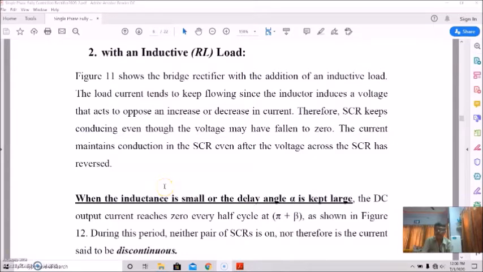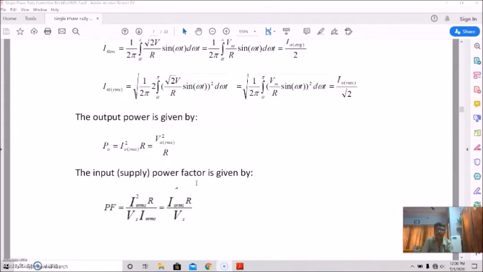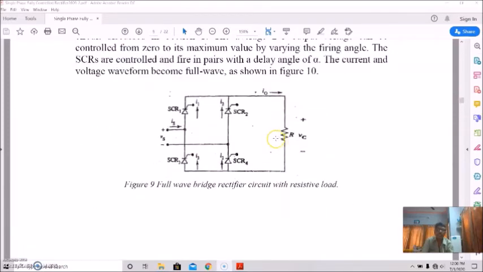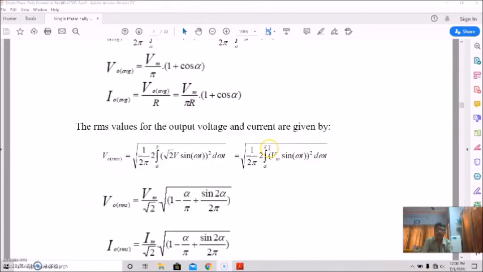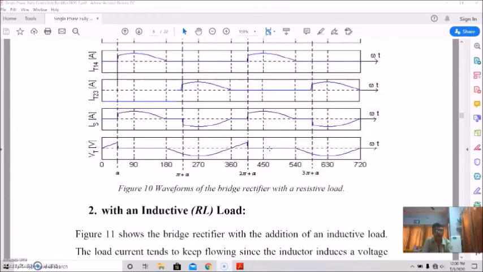Now we'll discuss the bridge rectifier, the controlled rectifier with inductive load, basically an RL load. If in our previous circuit diagram we add inductance in series with the resistance, our new circuit for inductive load will be formed.